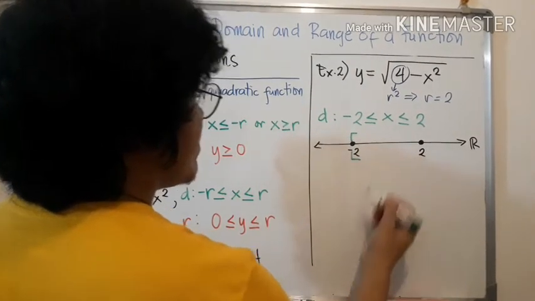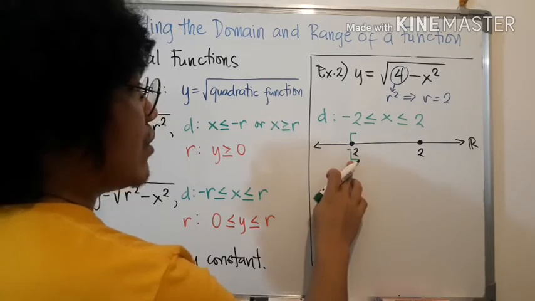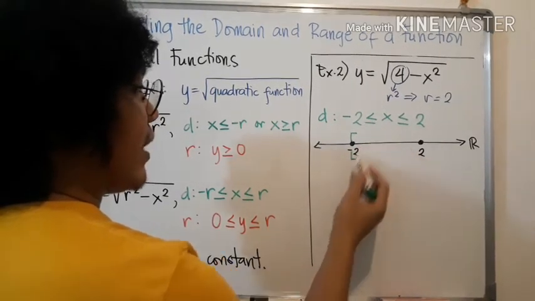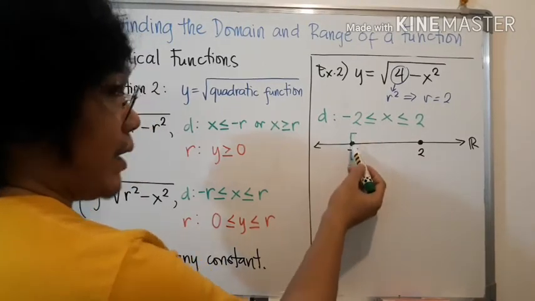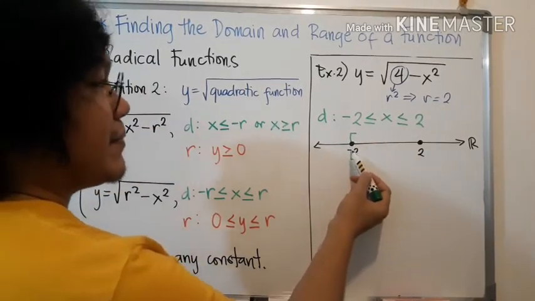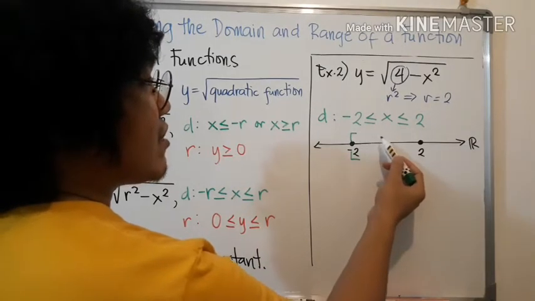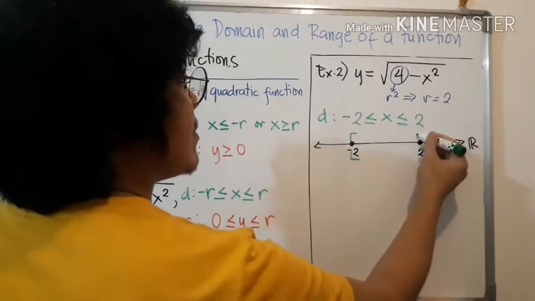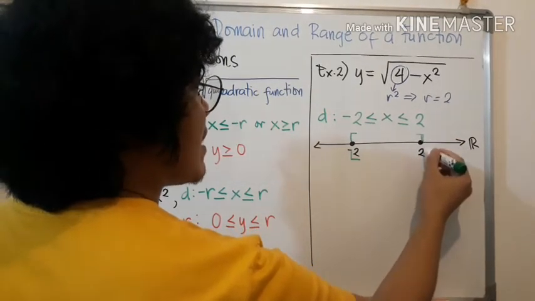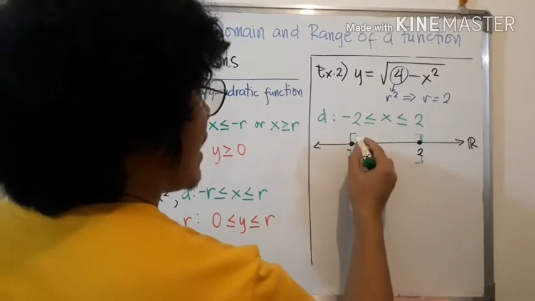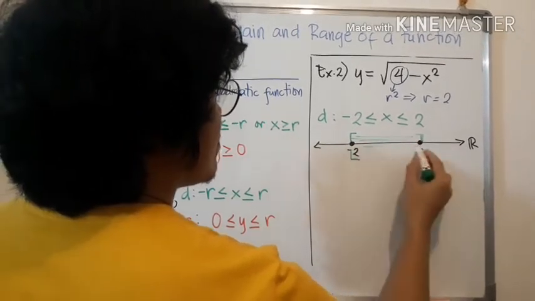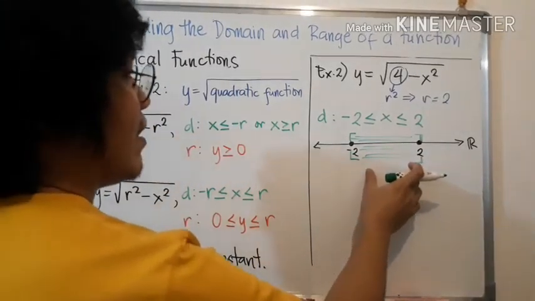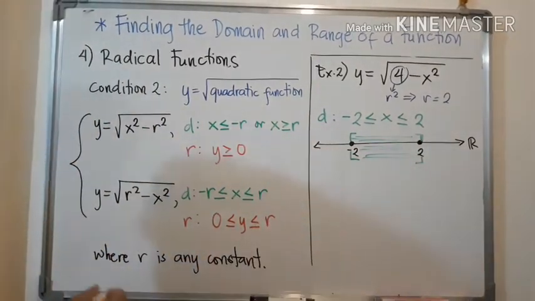So we make use of a bracket because equal for equality, which means negative 2 is part of the domain, but the domain is restricted only to x values less than or equal to positive 2. So all x values between or in this interval are part of the domain. Okay?